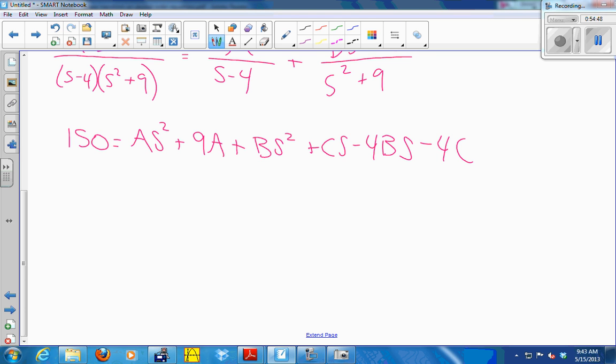So my s squared terms are a plus b. That has to be 0. My strictly s terms is just a negative 4b. Also has to be 0. And then my constant terms are going to be 9a minus 4c, and that has to be 150.